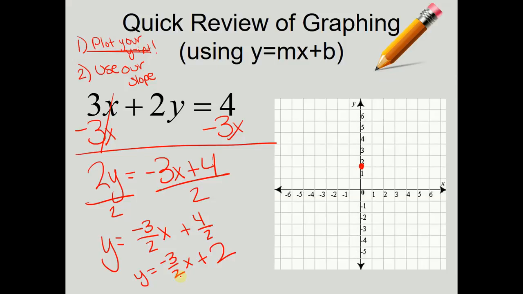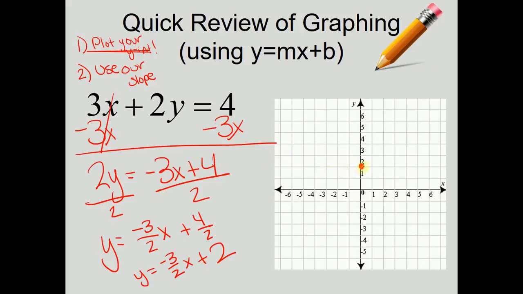Now that negative could also allow you to go left 2. I try not to use that due to the fact it's harder for me to make sure I'm going the right way. So I always associate the negative with a down. That way I can get one part of the graph done and then I can just kind of mirror the other side.